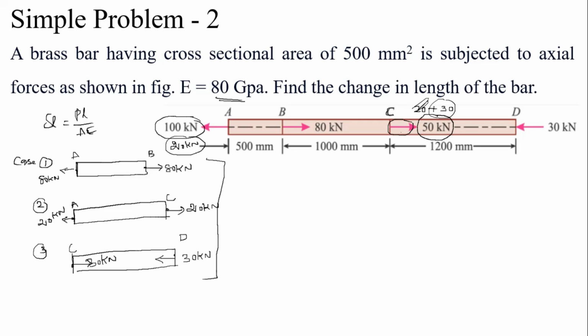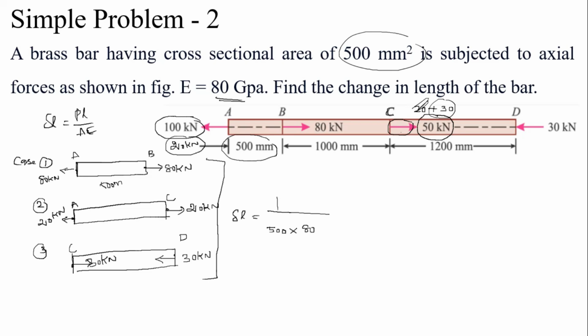Now, substitute the values. del L is equal to 1 by A, which is equal to 500 mm squared, so 500 cross sectional area into E, which is equal to 80 gigapascal. The 80 gigapascal is converted into Newton per mm squared. What is the length L of the AB section? This is 500 mm.